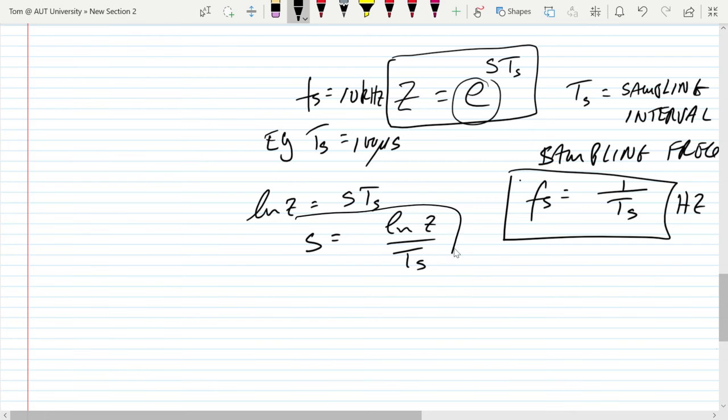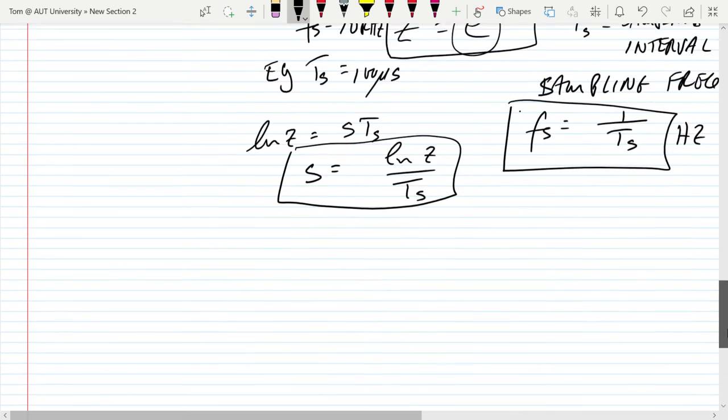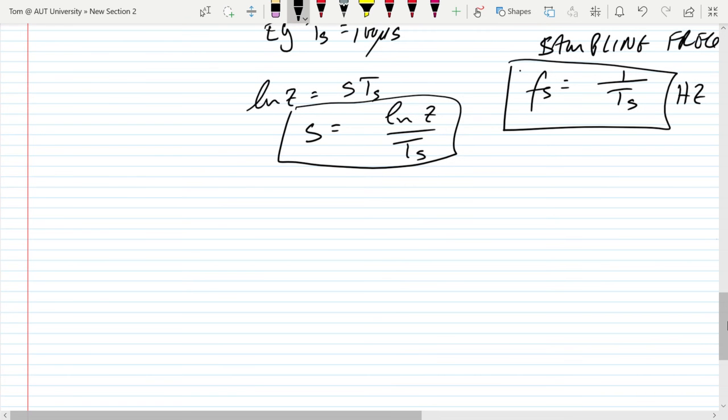If you look on Wikipedia and a few other sources, you'll see that people derive approximations to S from Z, and the other way around, using the log really. You can do that, and that's probably a good way to do it, but I'm going to use a different method. I'm going to use a Taylor series. You don't need to understand all the ins and outs. The answer is quite simple once we've done all this. But going back to Z equals exponential ST, clearly we can't use that directly because logarithms are a multi-valued function.